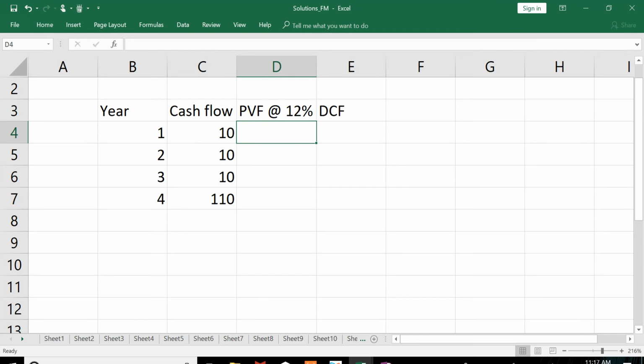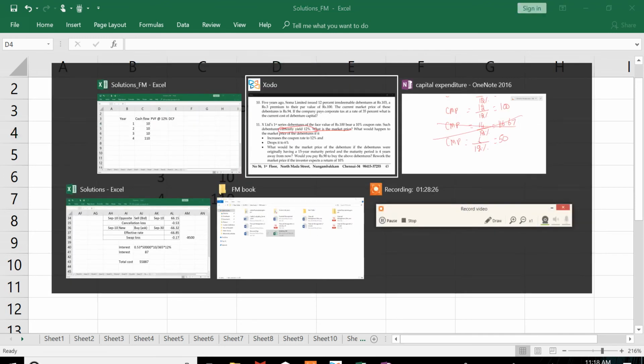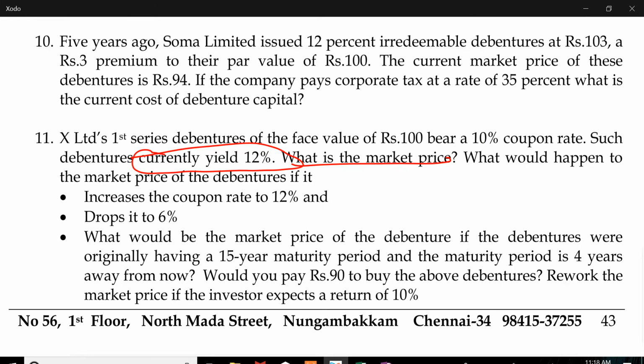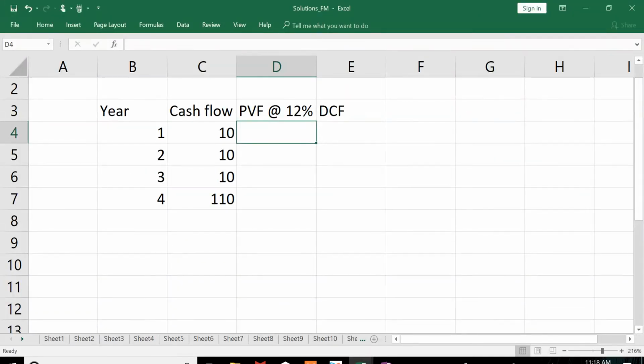Value of a redeemable debt is the present value of future cash flows, discounted at investors' required rate of return.